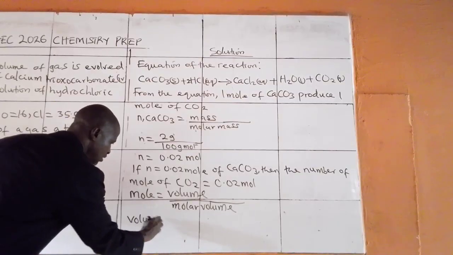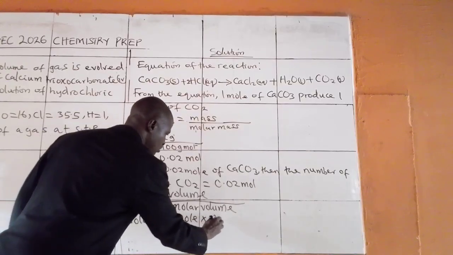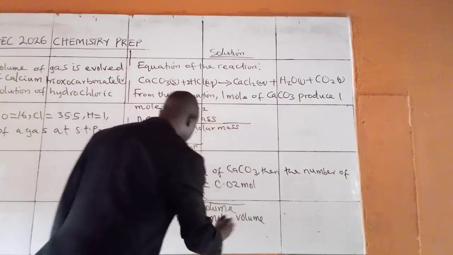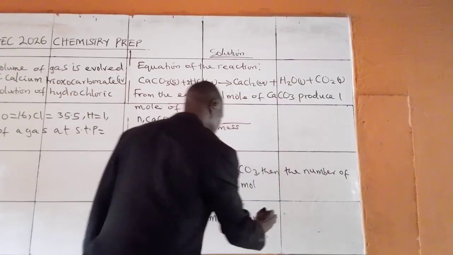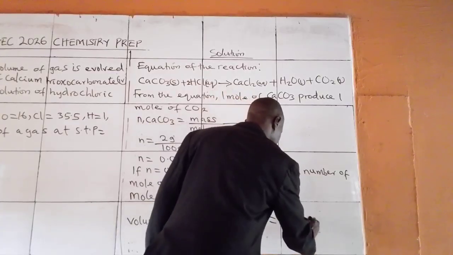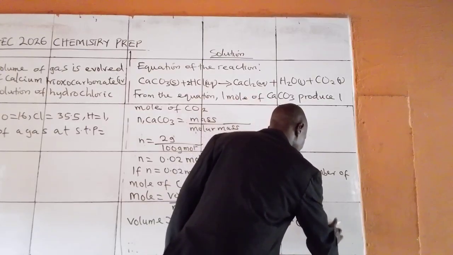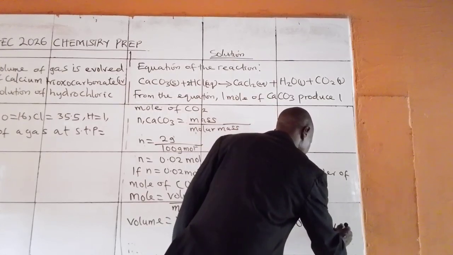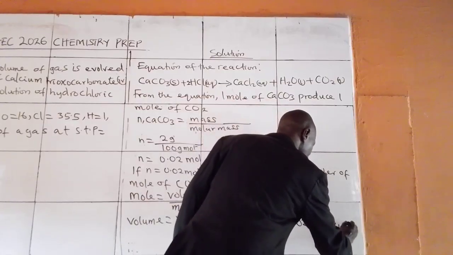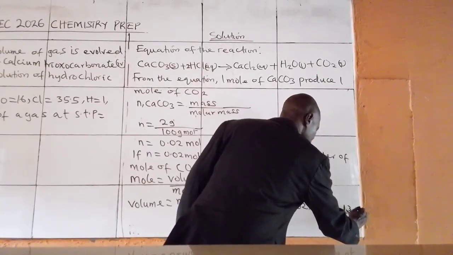So volume is equal to mole times molar volume, which is equal to 0.02 times 22.4 dm³ per mole.